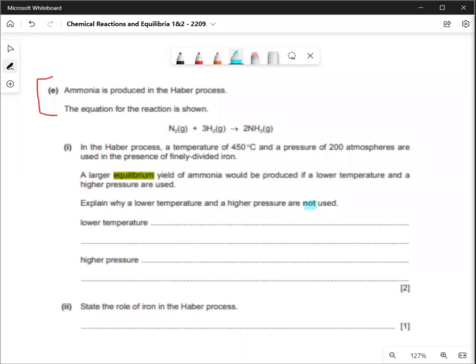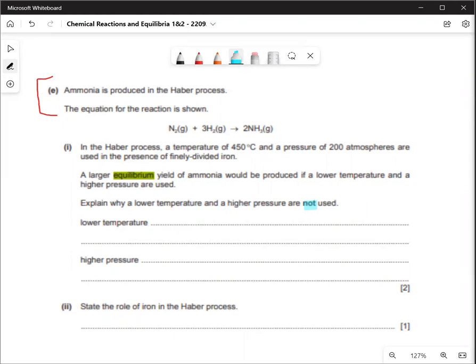In the Haber process, a temperature of 450 degrees Celsius, a pressure of 200 atmospheres are used in the presence of finely divided iron. A larger equilibrium yield of ammonia would be produced if a lower temperature and higher pressure are used. Explain why lower temperature and a higher pressure are not used.